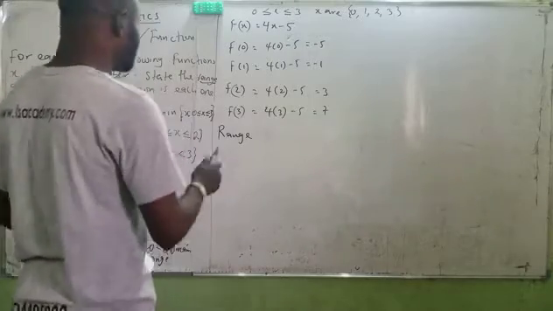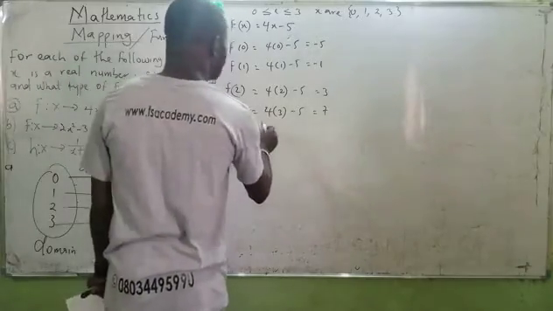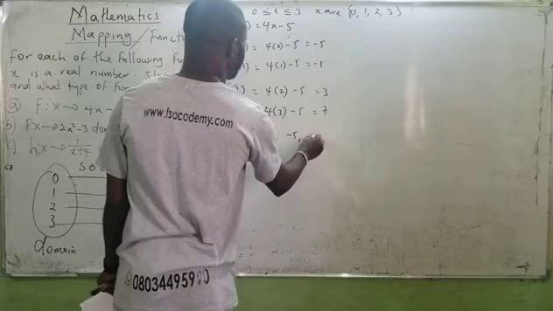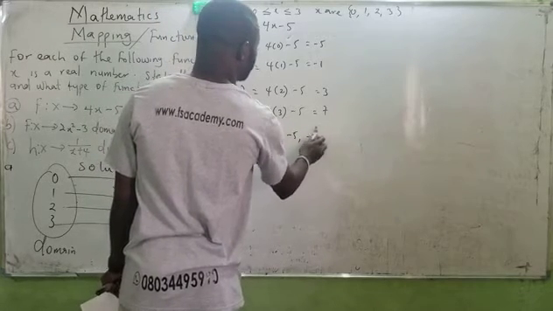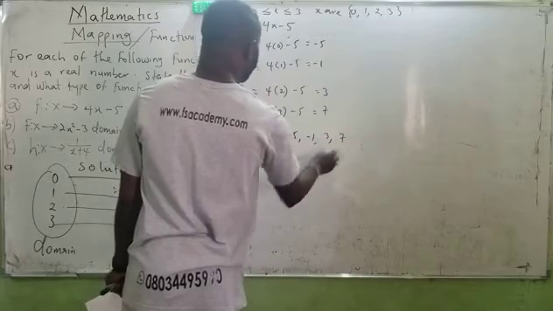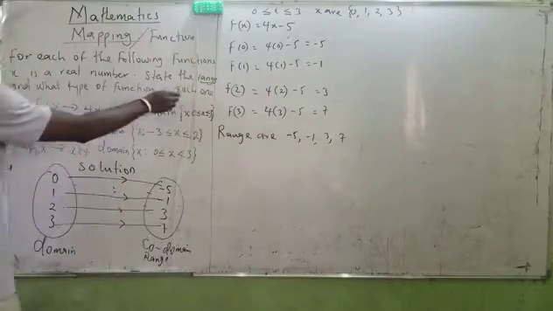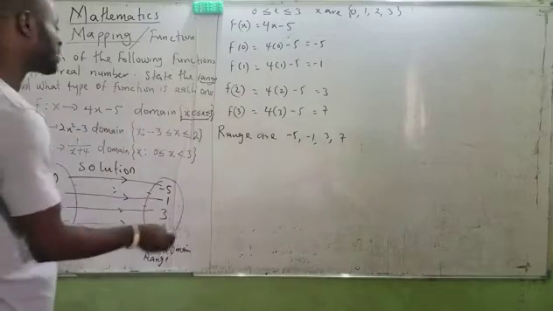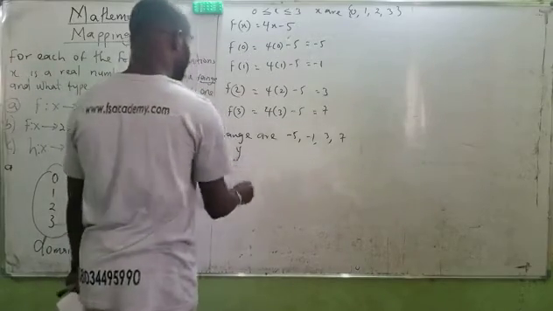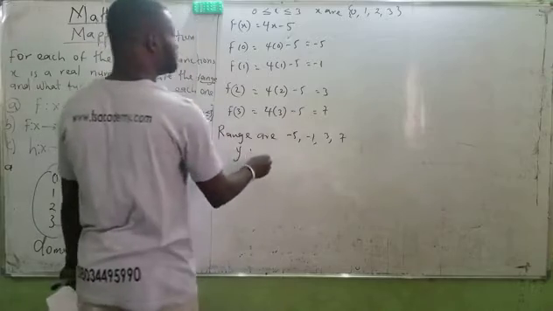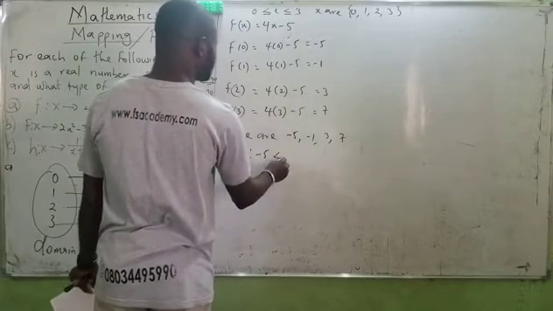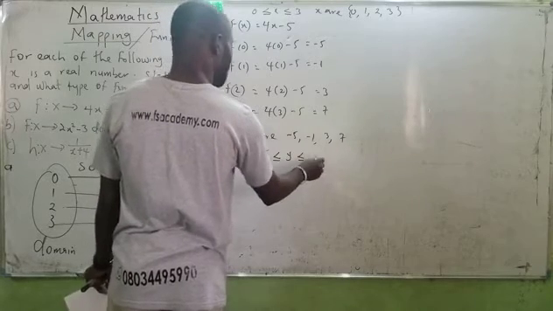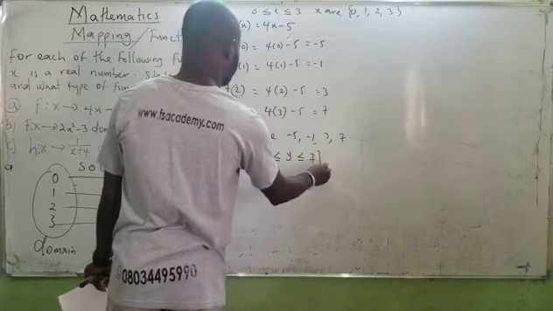Now it means the range are minus 5, minus 1, 3, and 7. In a statement like this, if I want to bring the statement up in this form, I can say that the range y is minus 5 less than or equal to y less than or equal to 7.